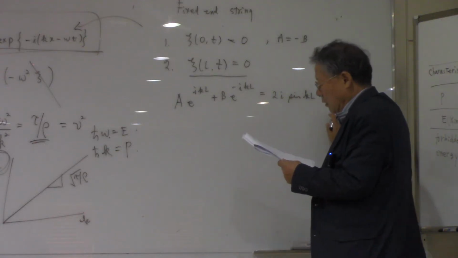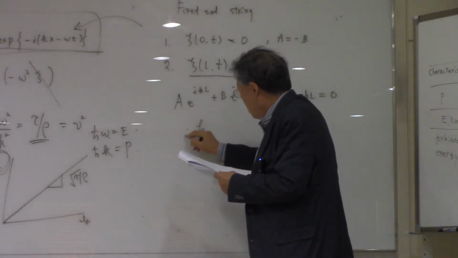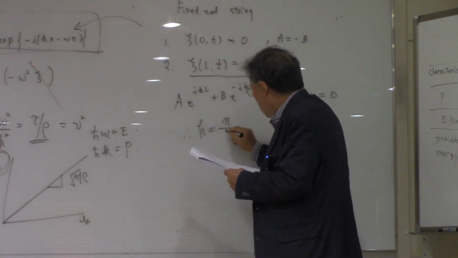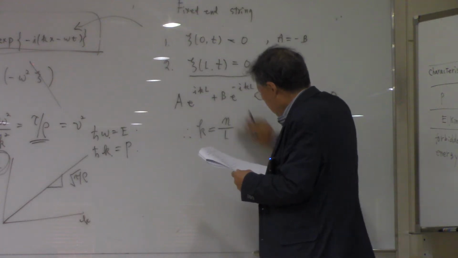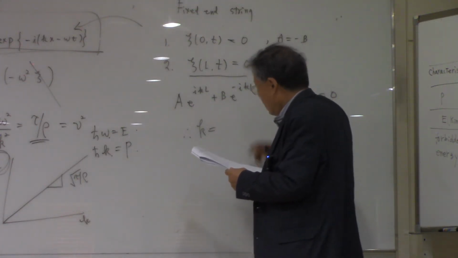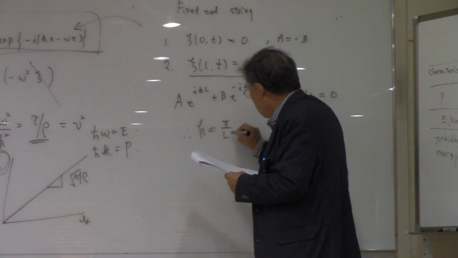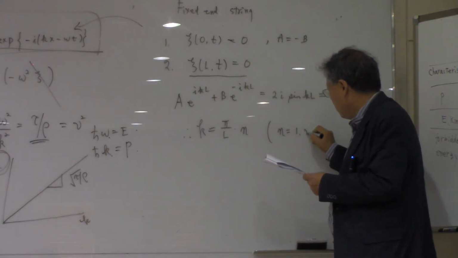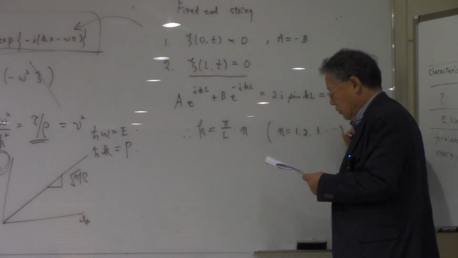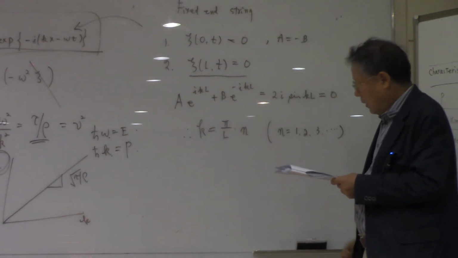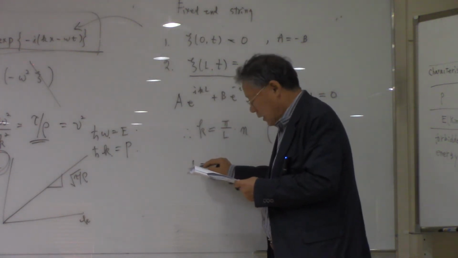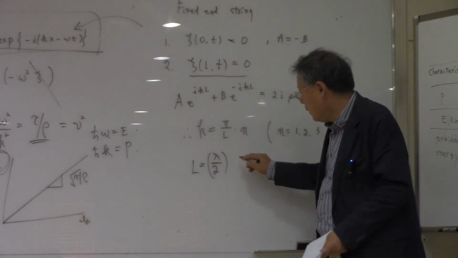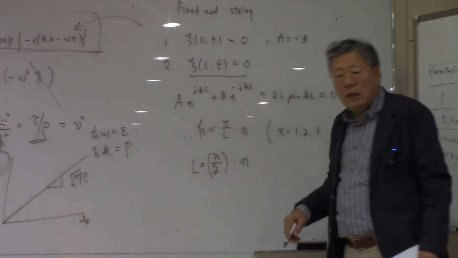That should be 0, so that K should be n pi over L, with n an integer. n should be 1, 2, 3, something like that. Okay? Which means L is going to be a half wavelength and an integer multiple.